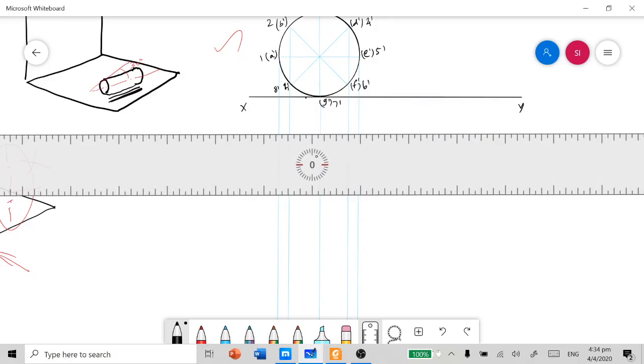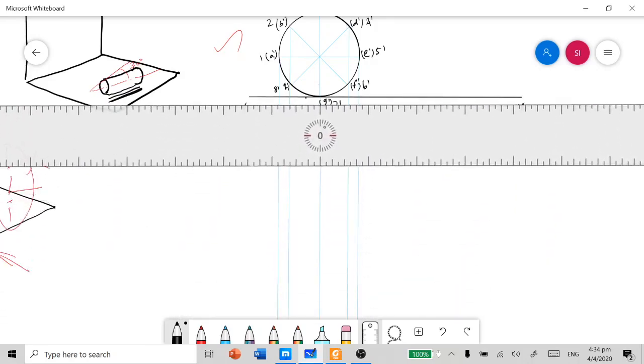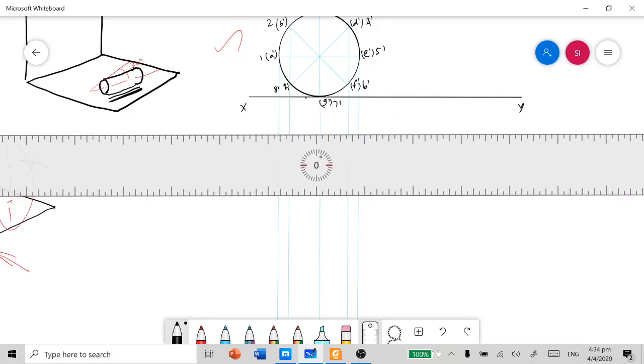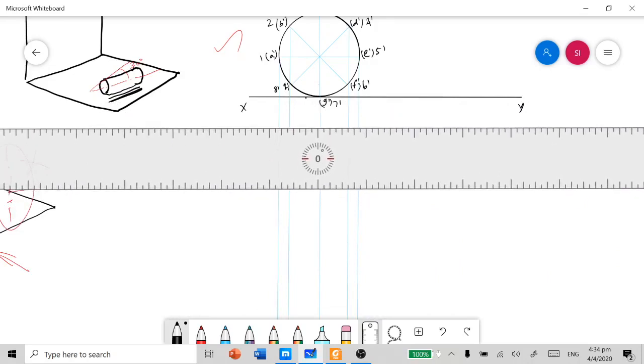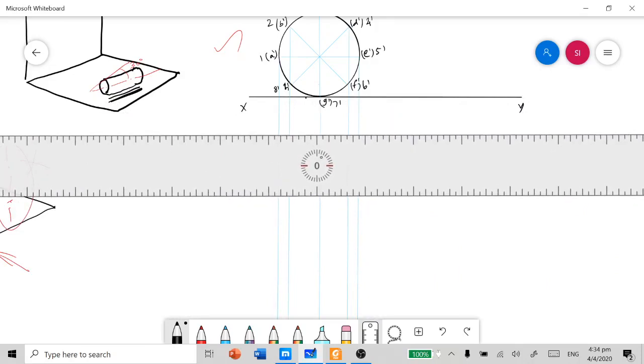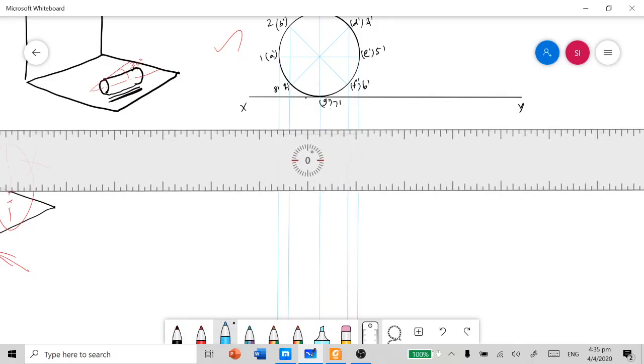You should not go too far or too close, have some nominal distance. It's your choice. So starting from this point, the axis height given in this problem is 70 mm.